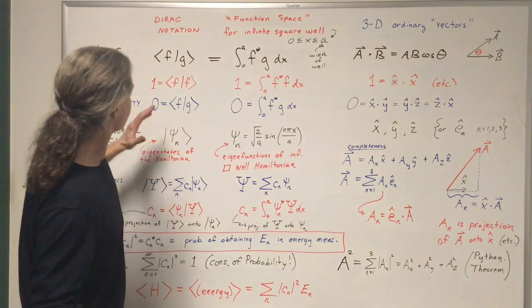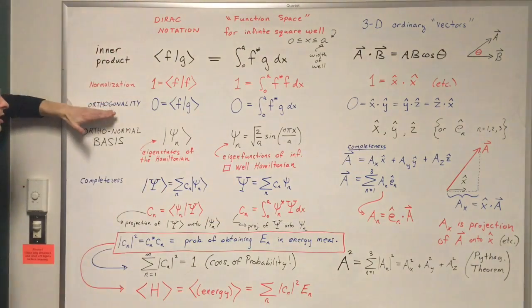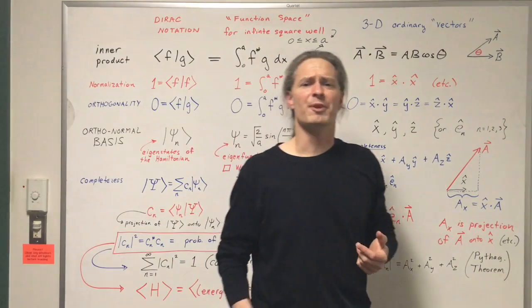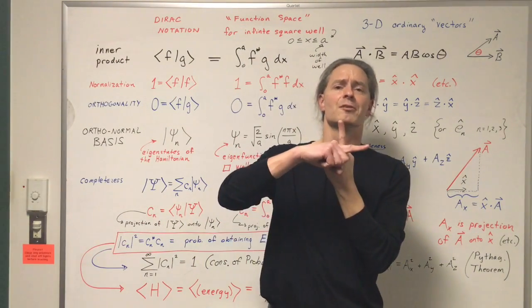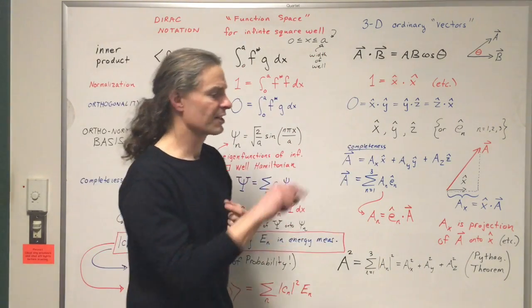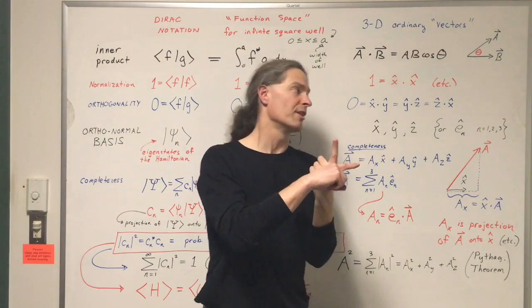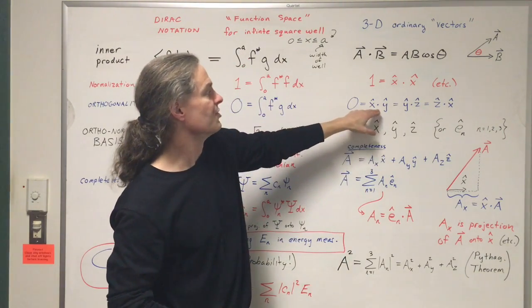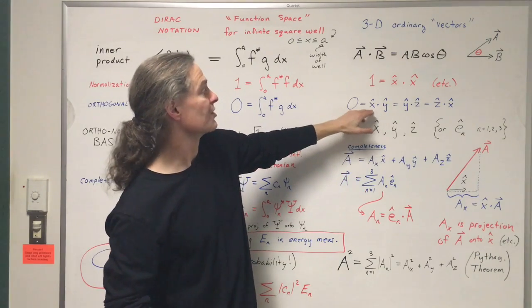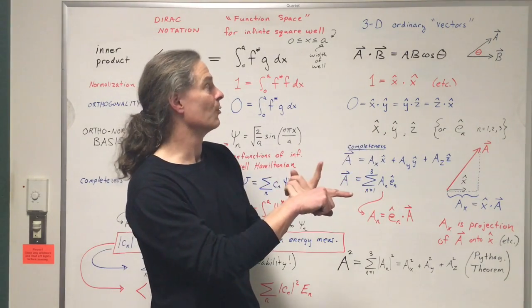All right. Next topic, orthogonality. In ordinary three-dimensional vector space, orthogonality just means perpendicular. So the x direction is perpendicular to the y direction. So x hat dot y hat gives you 0. Why does that work out? There's a 90-degree angle between the x direction and the y direction.